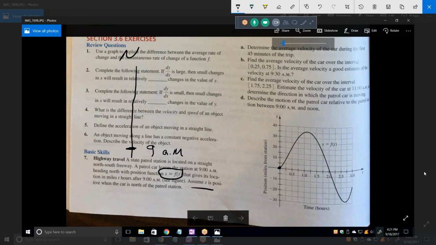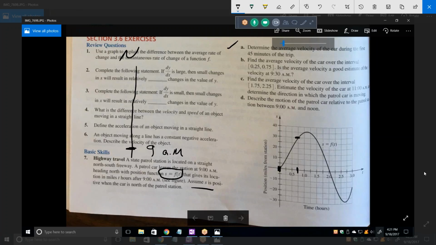The questions they're now asking is determine the average velocity of the car during its first 45 minutes, which is right there. In other words, the position changes from 0 to 30.